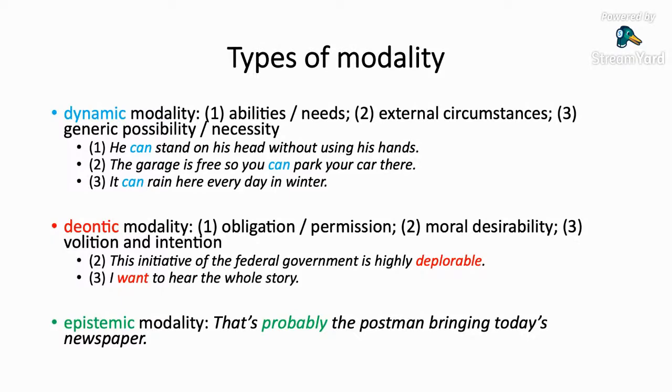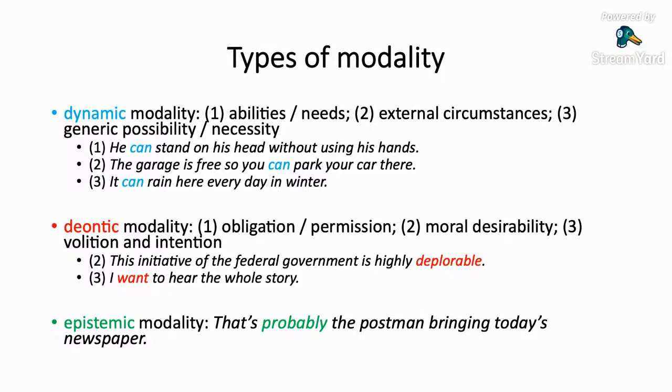For example, sentence 1: he can stand on his head without using his hands. Or it can also be about external circumstances. For example, the garage is free, so you can park your car here. This is not about an ability, but more about a possibility enabled by the circumstances.